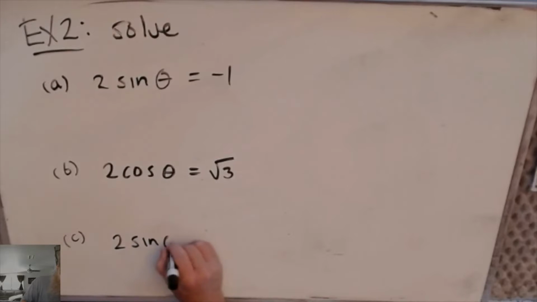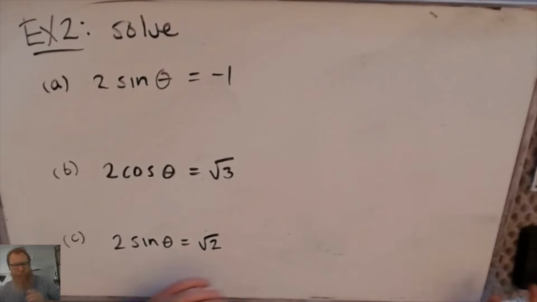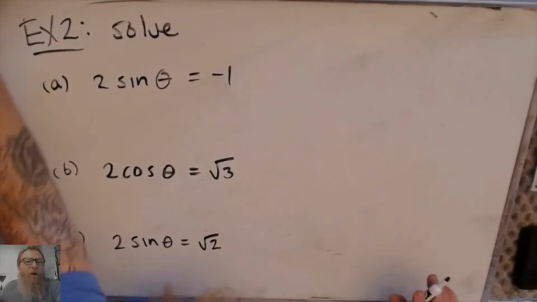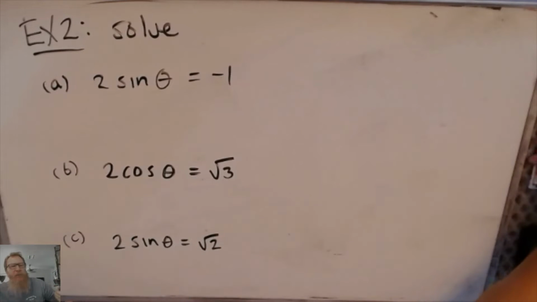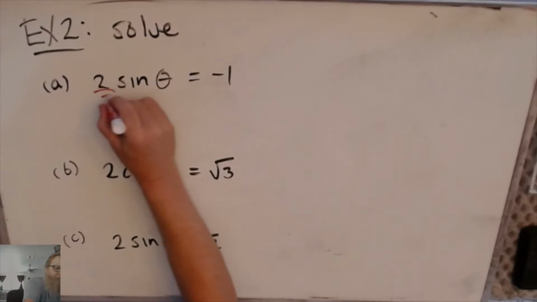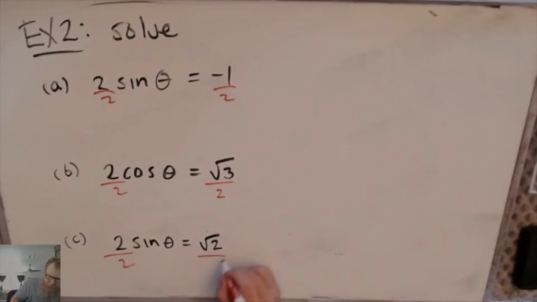And 2 sine theta equals radical 2. I've intentionally set all these equations up so that there's really only one step before you go to the unit circle. You might as well just do that step mentally. Get that over with on all of these.